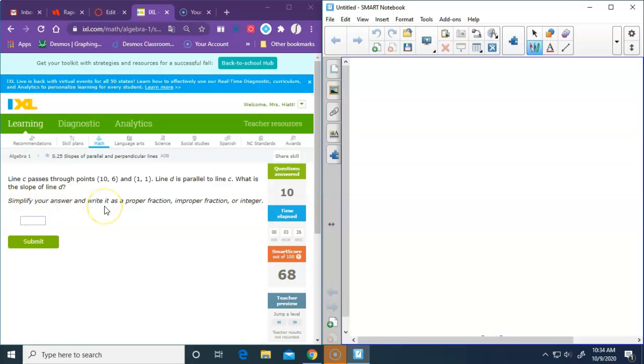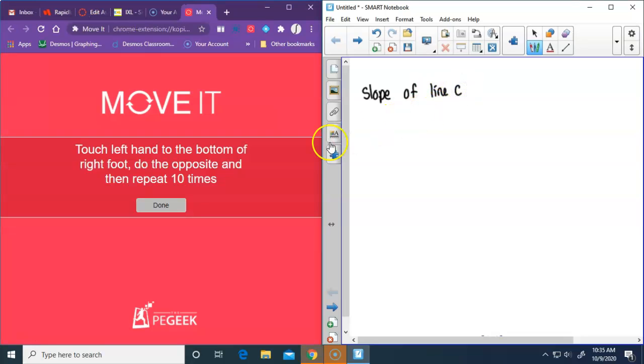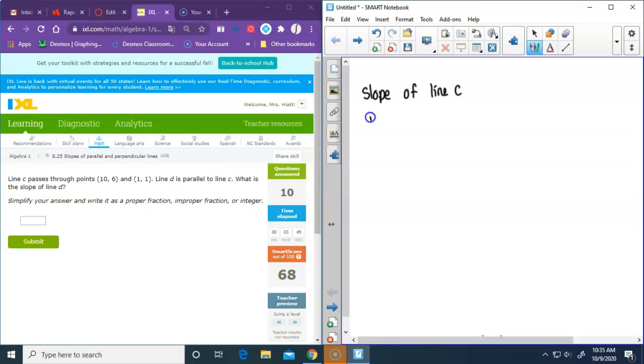To do a problem like this, I didn't do one like this in the notes, but you should know everything you need to know to put this together. What we've got to do first is find the slope of line C. The points there are (10, 6) and (1, 1).